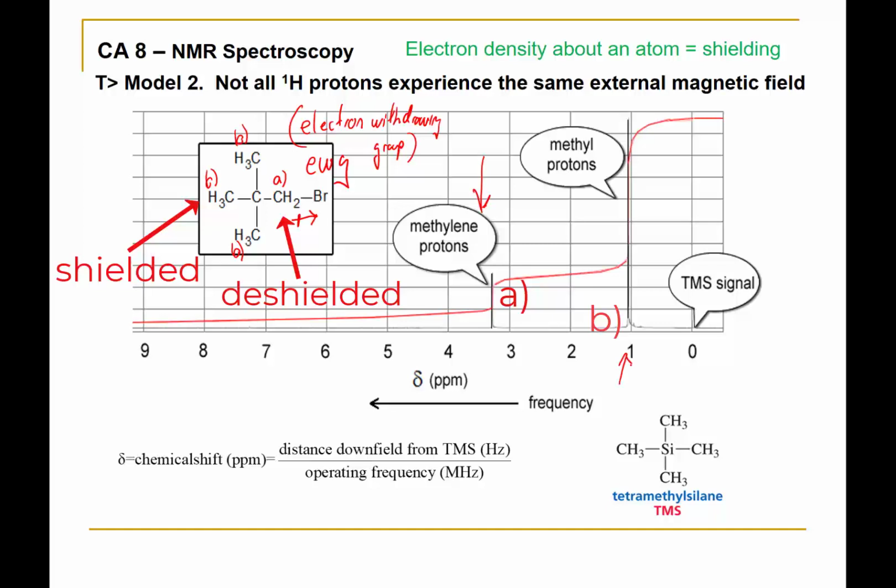You'll notice that the x-axis is shown as a chemical shift. So this can be thought of as different radio frequencies required to cause the flip from the alpha to the beta state, or for the protons to come in resonance.